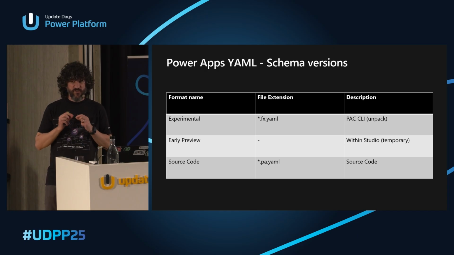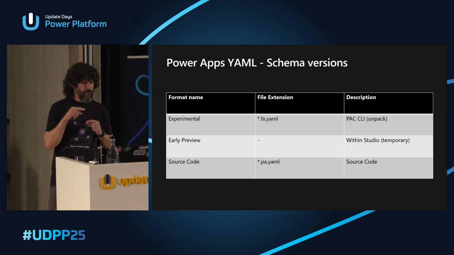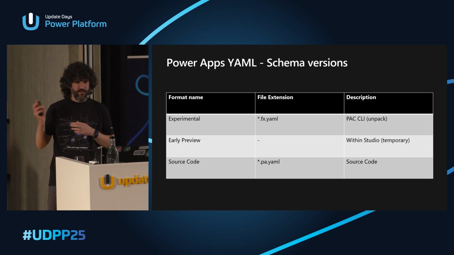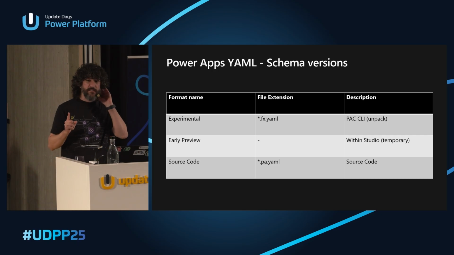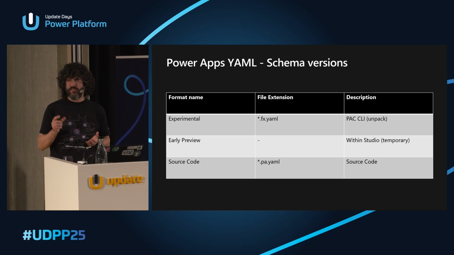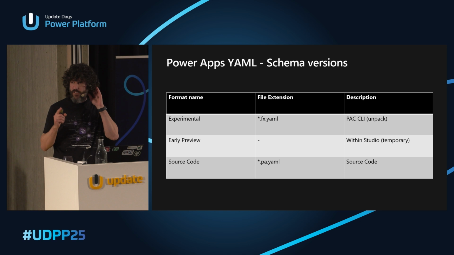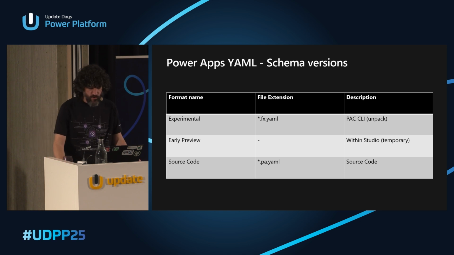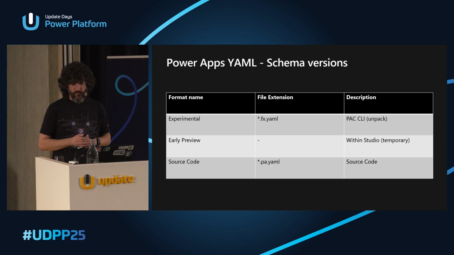We did some changes, some tweaks, some improvements, and now that's the version that we will GA, which we call source code, which we expose in the pa.yaml file. The good news is, if you are a maker and you are storing code snippets, it doesn't matter, we will convert automatically. The early preview, we will just convert to the source code. So any YAML that you see should work fine, except the fx.yaml.